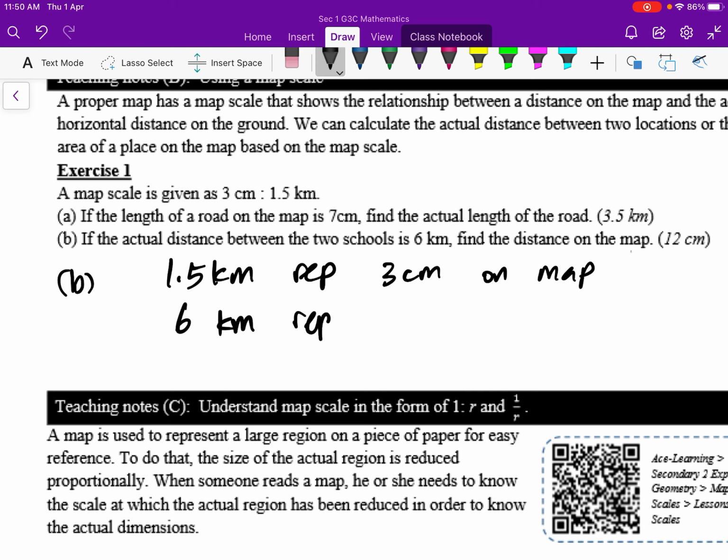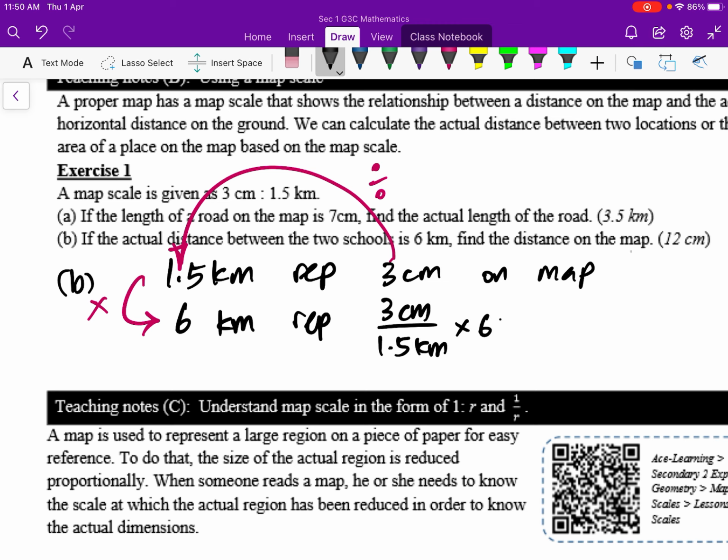We'll now represent, same structure, divide, multiply. So put in 3 cm over 1.5 km times 6 km. Again, we see that the units can cancel. So 6 divided by 1.5 is 4. 4 times 3, 12 cm. This is the method 2 for presentation.